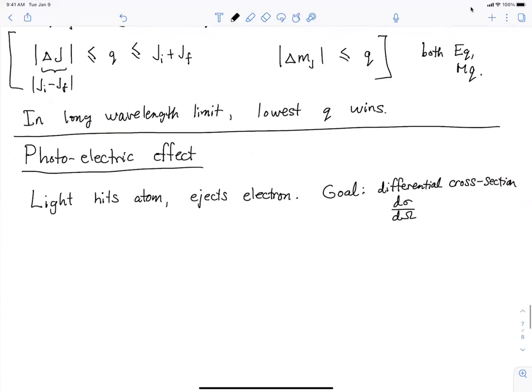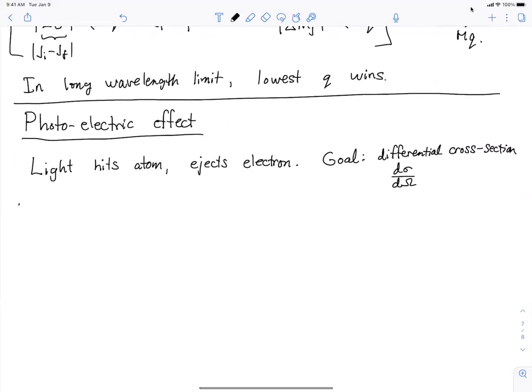All right, and so to write out in a little bit more detail, the initial state is, we're still going to call it I, but it consists of an atomic bound state plus a photon. So the photon we'll talk about first.